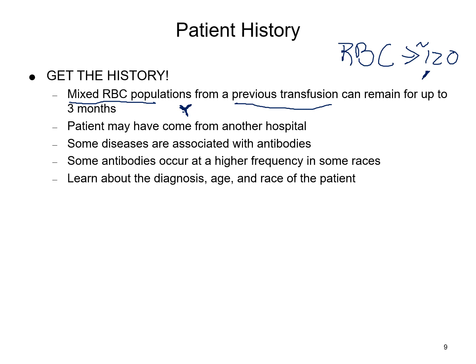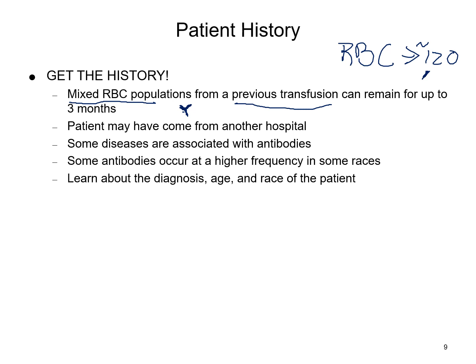Let's just say they have a history of a Duffy that's not showing up right now, then that would be good information to know, because as we know, Duffy has the potential to cause transfusion reactions. Occasionally there are some diseases that are associated with various antibodies that we can see, so just be aware of those.